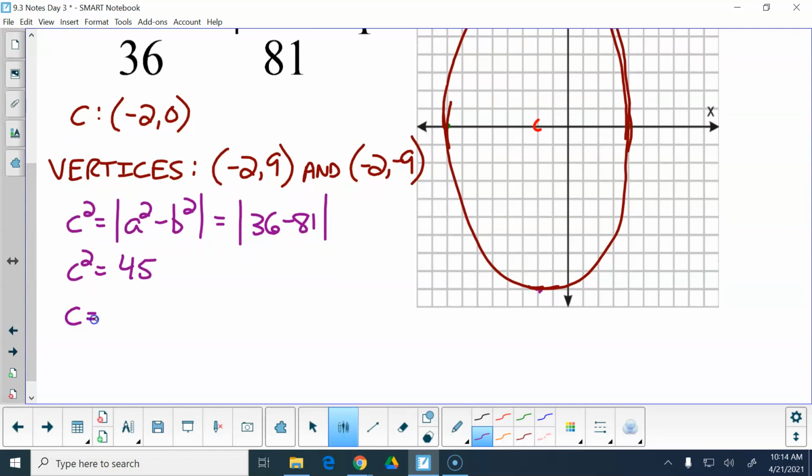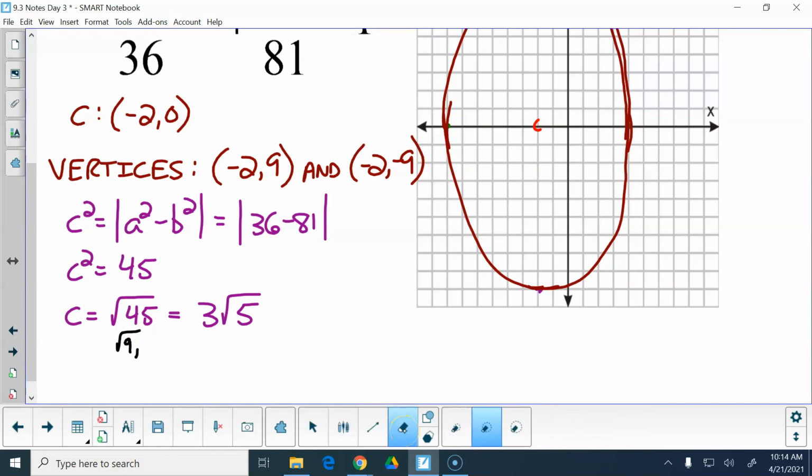So c would be the square root of 45, which is 3 square roots of 5, because 45 is the square root of 9 times the square root of 5. We get that.